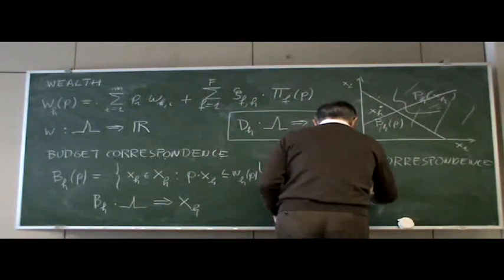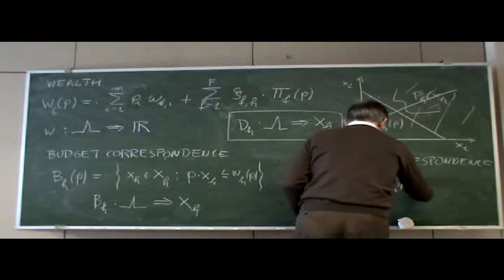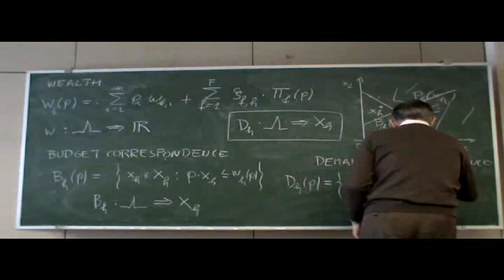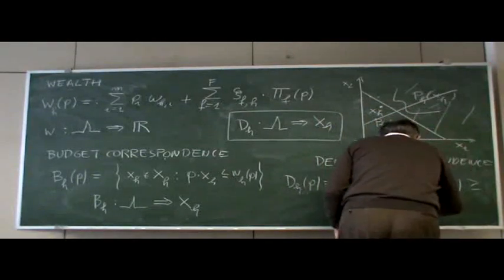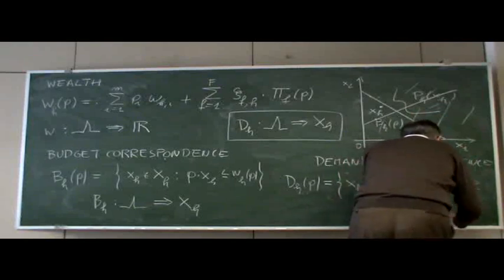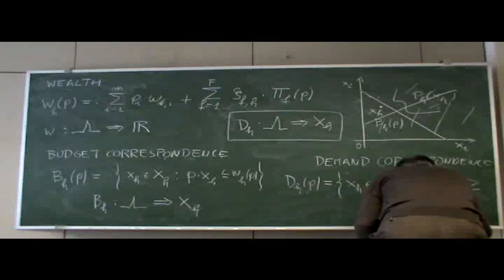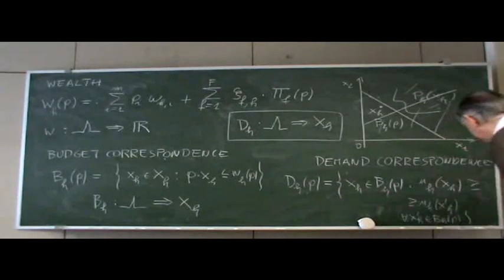The set of all the elements of the budget constraint such that the utility of subject H in XH is greater or equal to the utility of any other bundle in the budget constraint. I hope you see this last part of the definition.